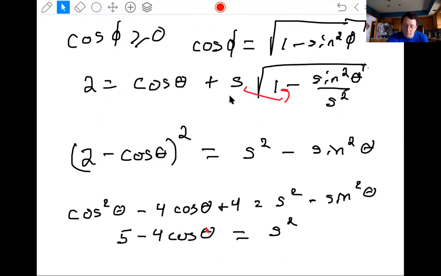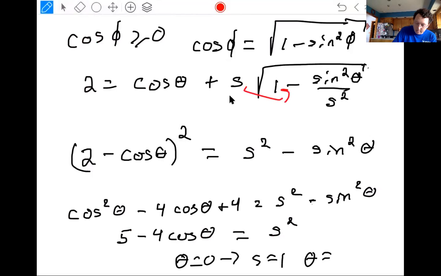When theta equals 180, then cosine of theta equals -1. So I get a double negative. This becomes 9 equals s squared. S equals 3. So that's good. This matches my limiting cases. So this is consistent with saying that theta equals 0 implies s equals 1.